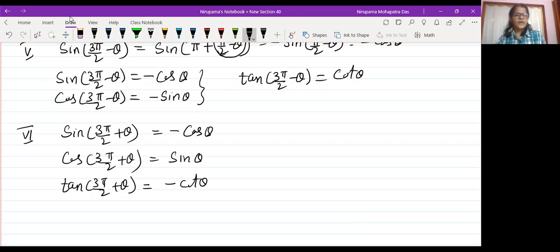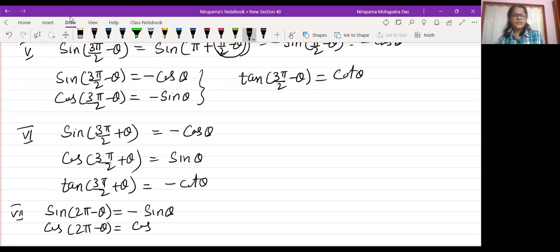And if I take sin(2pi - theta), that is minus sin theta, cos(2pi - theta) is cos theta, and tan(2pi - theta) equals minus tan theta.